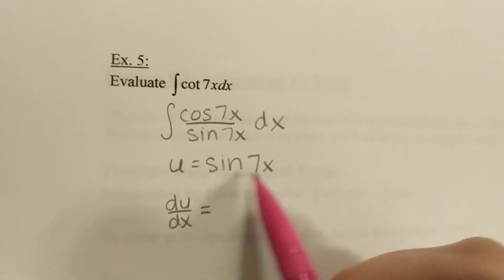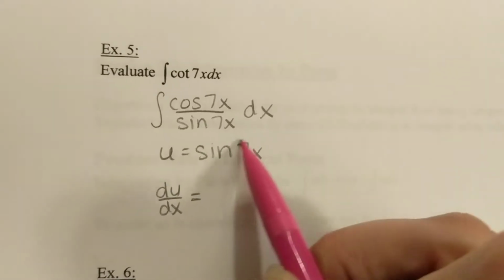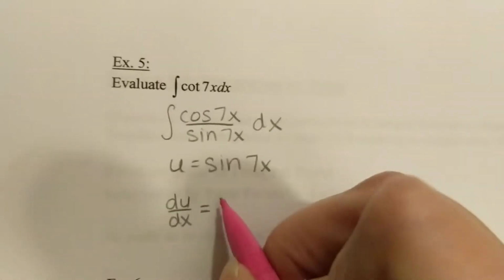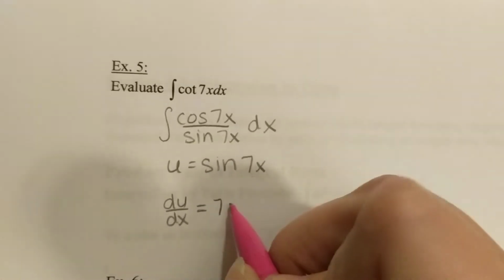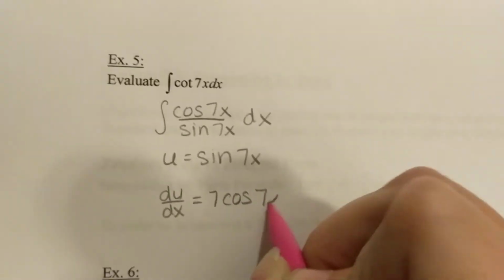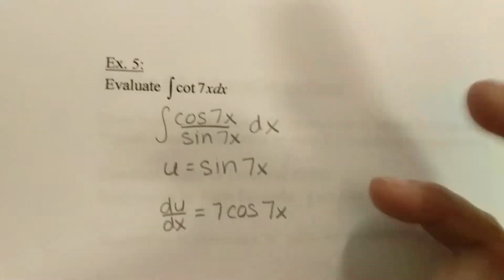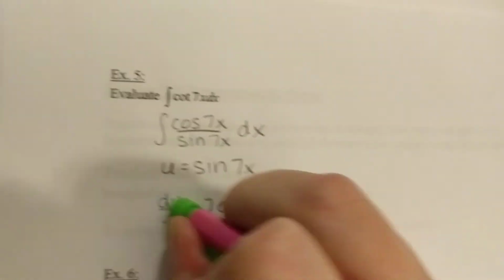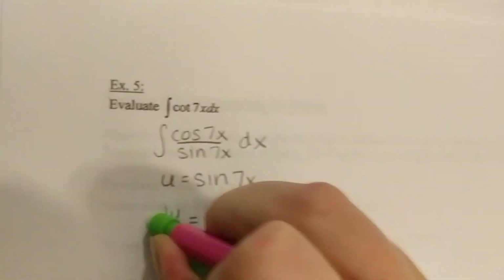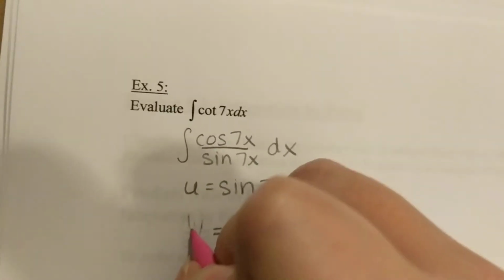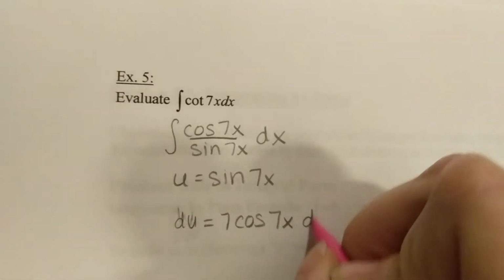When we do the derivative of this one, we have to remember to do chain rule. Derivative of the inside is 7. Derivative of the outside is cosine of 7x. Some of you will start to just do this step naturally and just put the du over here and the dx over here.